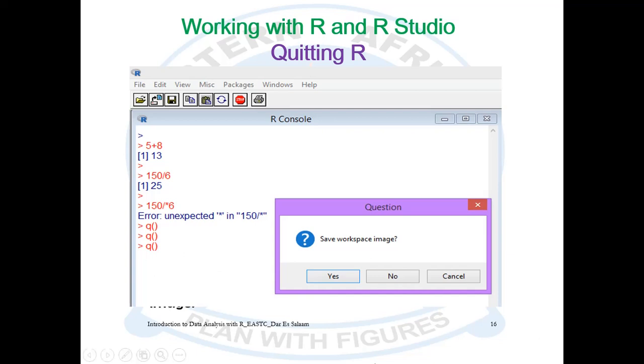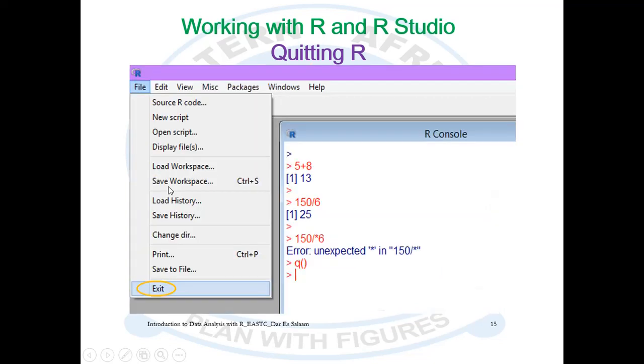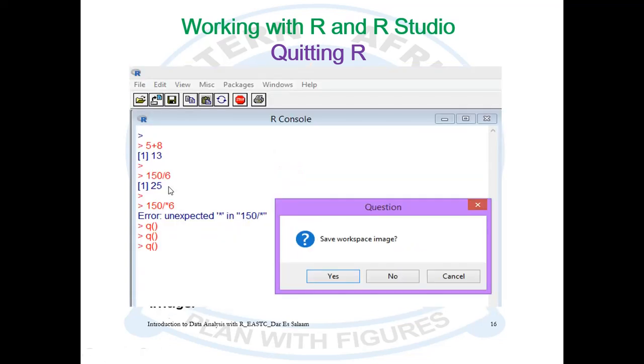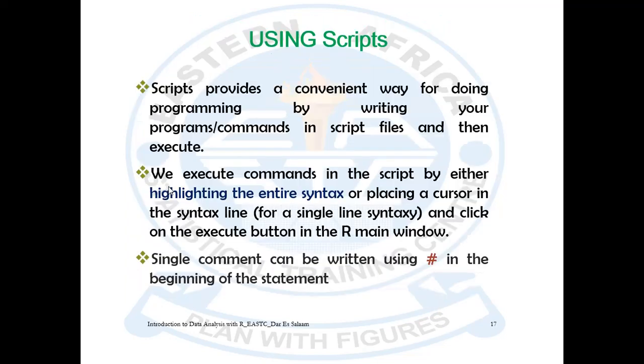And you can see, for instance, if you go to file, exit, we have these Q brackets that come up. It means it shows the command which is being implemented. Now we have seen how to open R, to enter commands, and to exit.